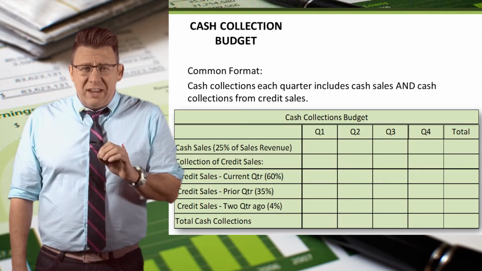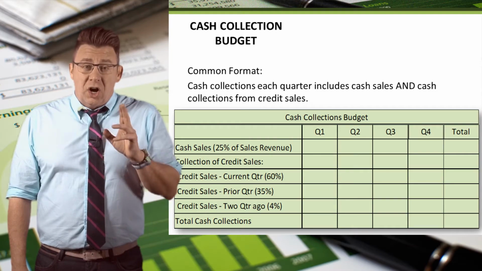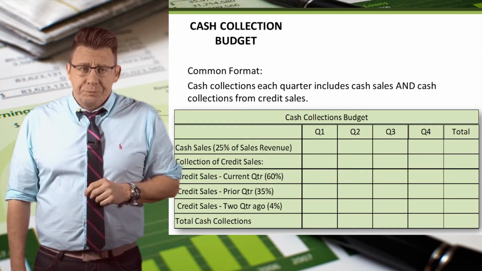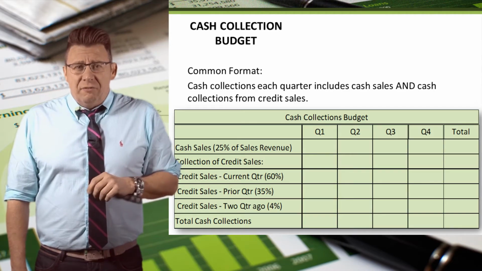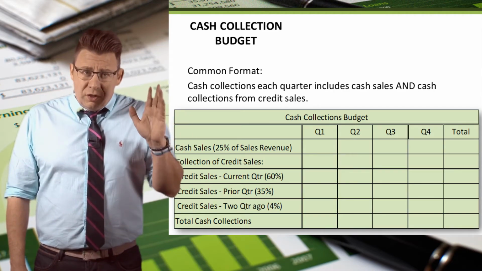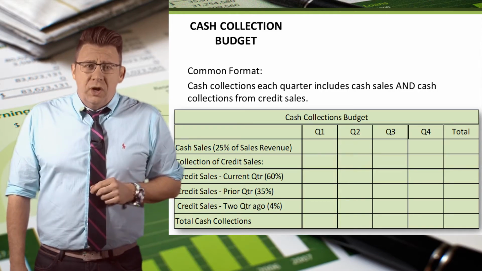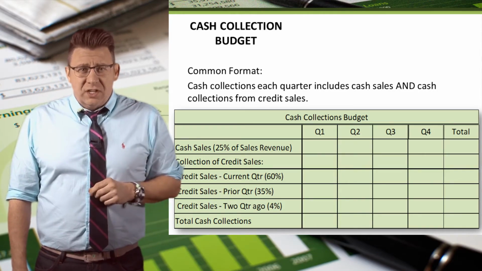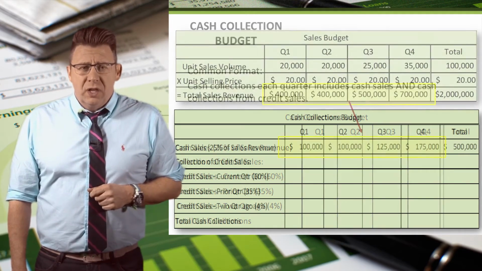Additionally, 35% of prior quarter's credit sales are collected in the current quarter. Finally, 4% from 2 quarters ago, those credit sales are collected in the current quarter. Recall that 1% of sales aren't expected to be collected. That's our bad debt amount.